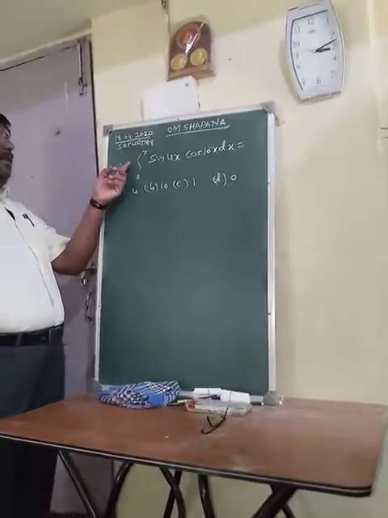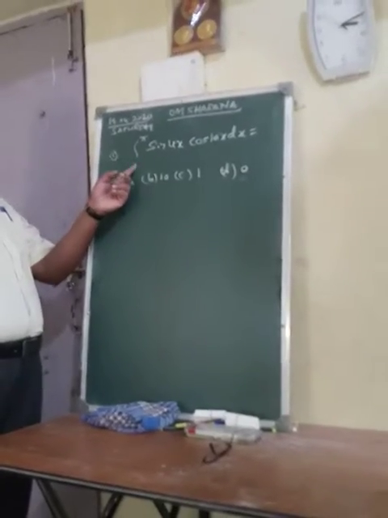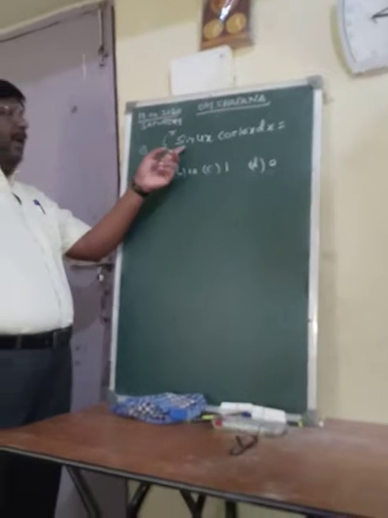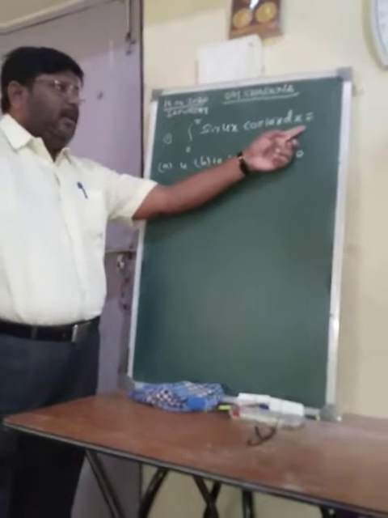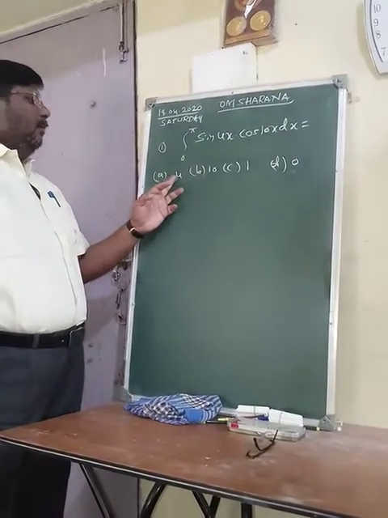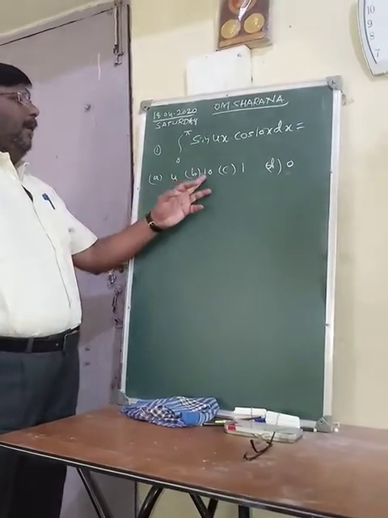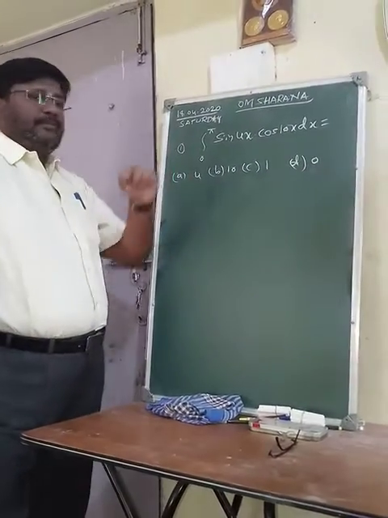Let us see the first integral. Integration from 0 to pi of sin 4x into cos 10x dx equals. Options are 4, 10, 1, 0.